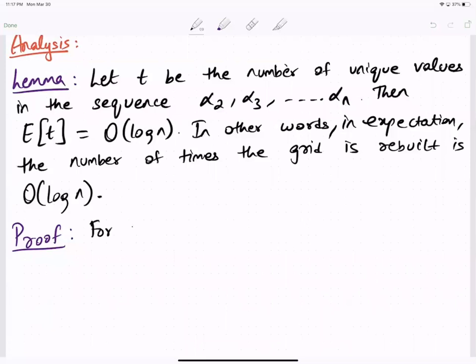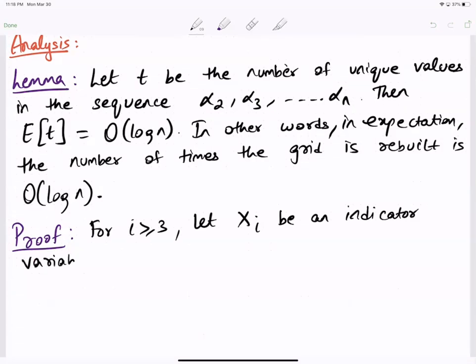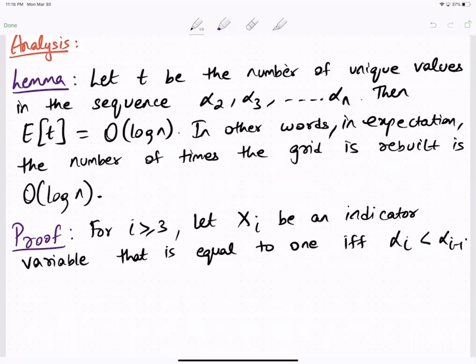For i greater than or equal to 3, let xi be an indicator variable that is equal to 1 if and only if alpha of i is less than or equal to alpha i minus 1.